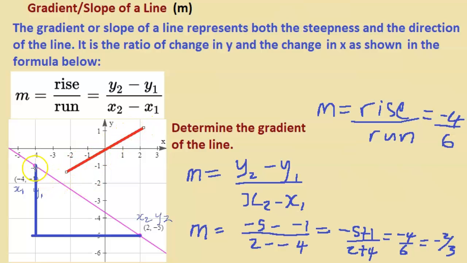So even though the height of this triangle here is 4, we're using -4. Good? Alright, and then we'll get the same -2/3. So whichever formula you use, you get -2/3. Let's look at some more examples in other videos.